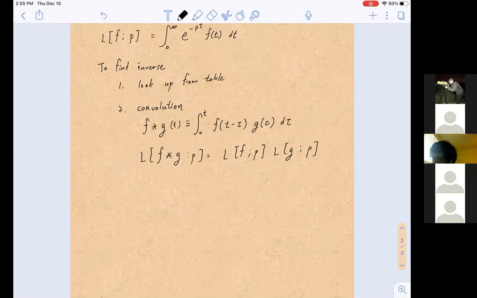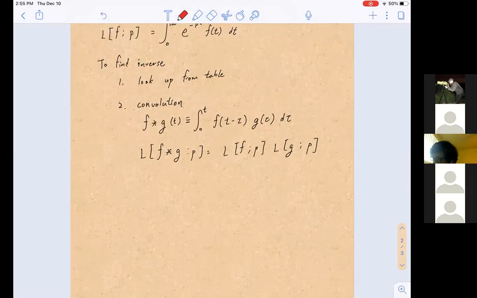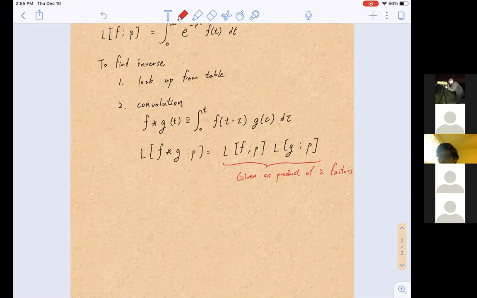Right. So in a problem, you might be given a product of two factors, and you want to find the inverse transform of this.